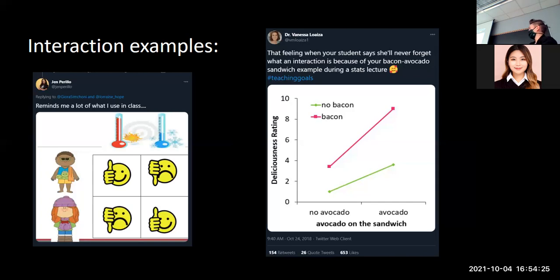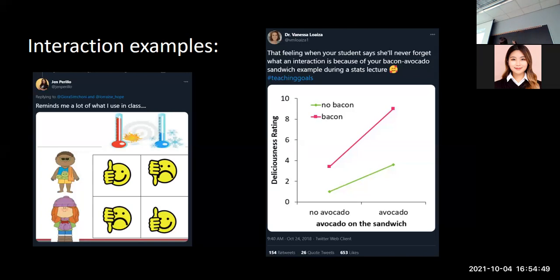What's the difference between avocado and no avocado when there's no bacon? How many points of deliciousness? About 1.5.